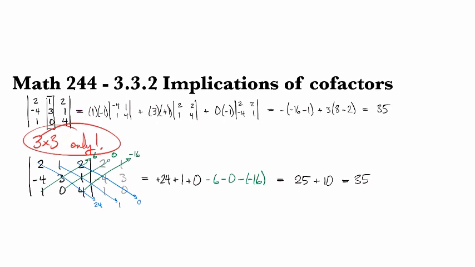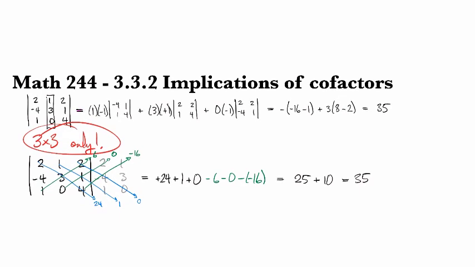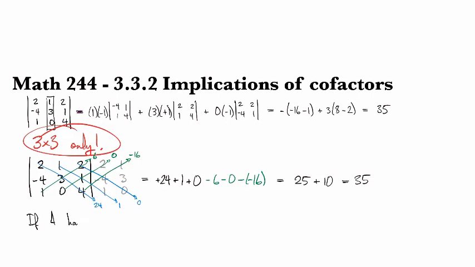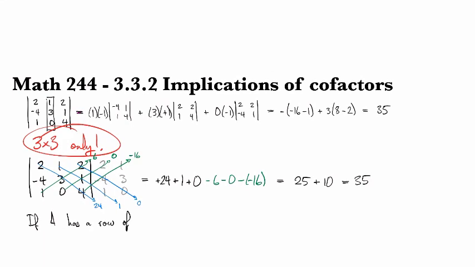Okay, so another observation from this computation is that if A has a row of zeros, then the determinant of A has to be equal to 0.